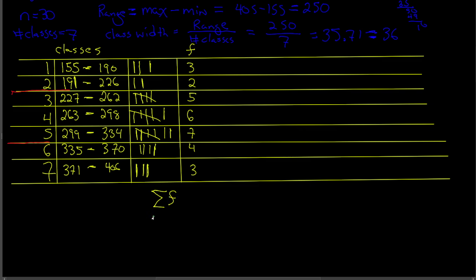And so we use the Greek capital sigma, which is the S in Greek, for sum. And what this is saying mathematically is add up all of your f's. And so we'll get a lot of things we add up that'll tend to come in columns. So if I add up this entire column, 3 plus 2 is 5, 5 plus 5 is 10, 10 plus 6 is 16, 16 plus 7 is 23, 23 plus 4 is 27, and 27 plus 3 is 30.